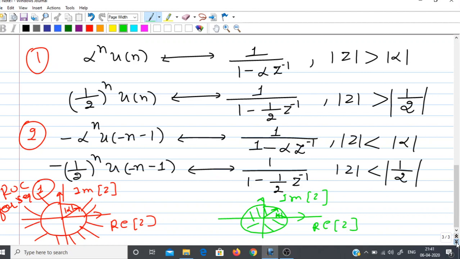Now we will take one more example. Let's say x of n is the following sequence: x of n is alpha to the power mod n. And there are two possibilities. One thing, alpha is, let's say, real.